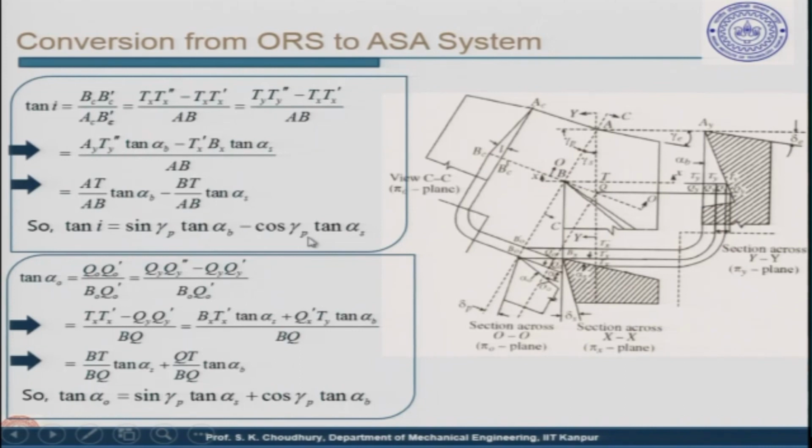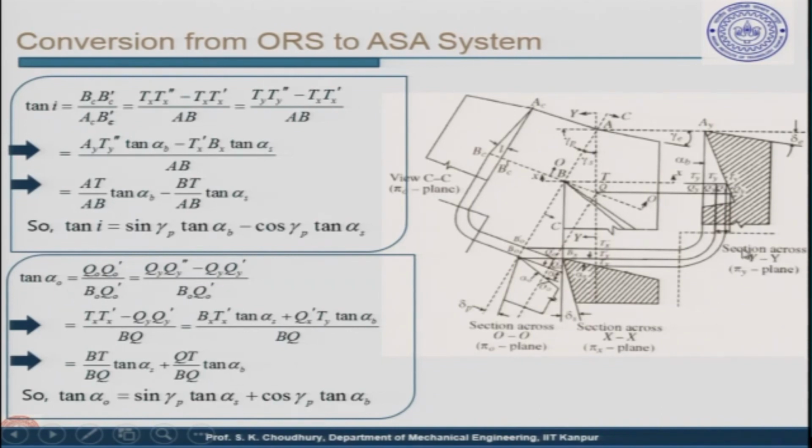Therefore, if we have a tool in the ORS system or in the ASA system and we have to convert to the other system, ASA or ORS, we can always do that using this kind of simple geometrical equation, an equation obtained through simple geometry.